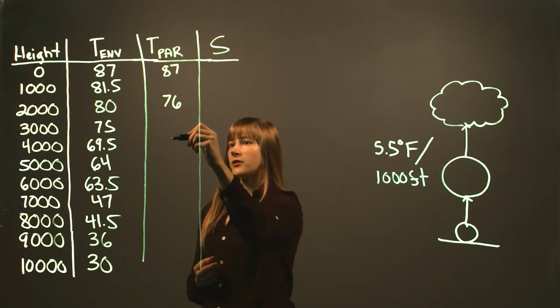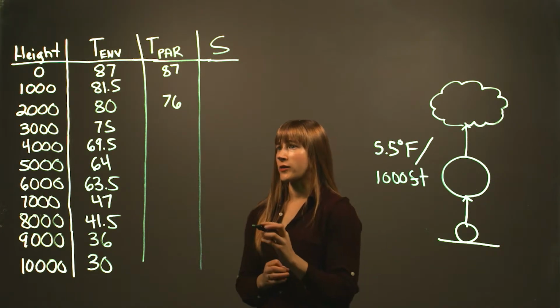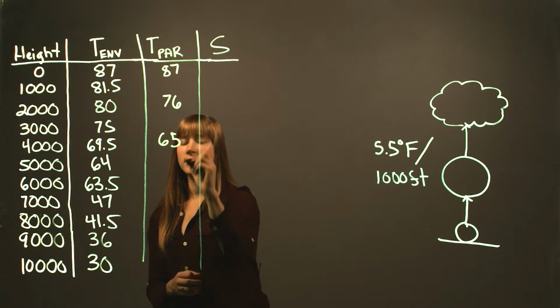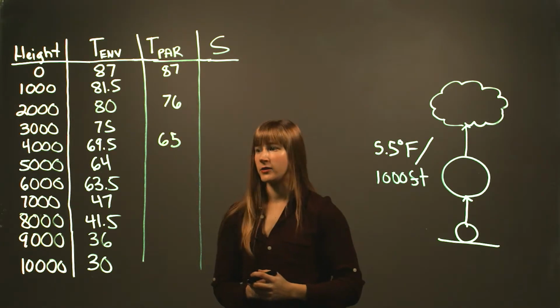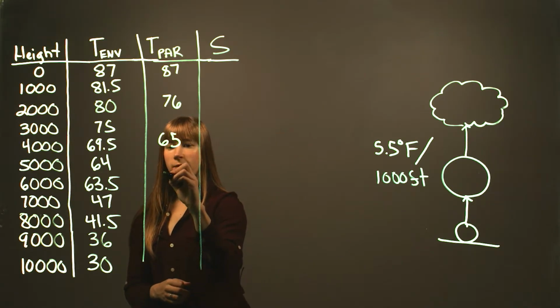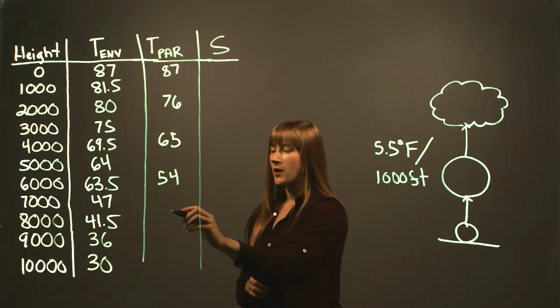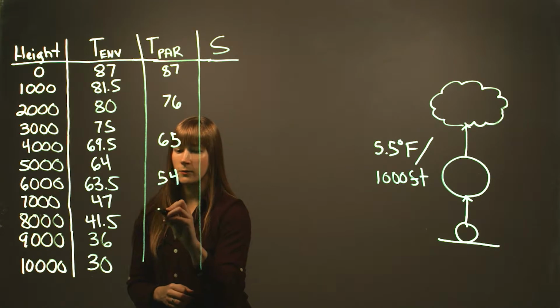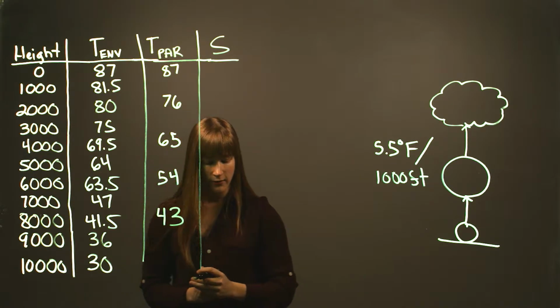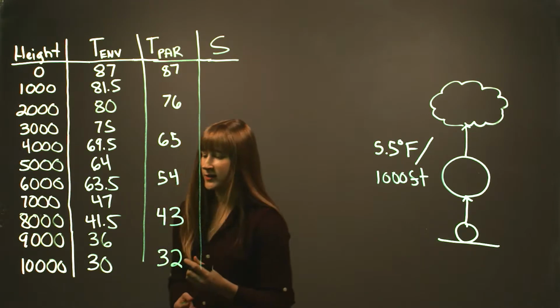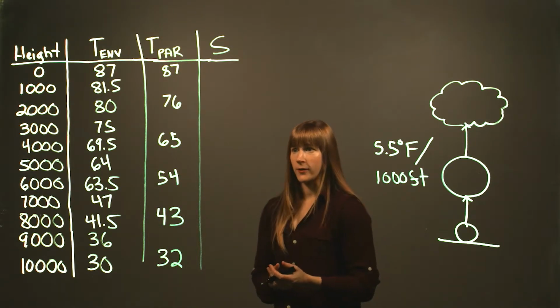It rises another 2,000 feet to 4,000 feet. So now it is at 65 degrees Fahrenheit. Another 2,000 feet, 54 degrees Fahrenheit. Another 2,000 feet, 43 degrees Fahrenheit, and finally it gets down to freezing at 10,000 feet.